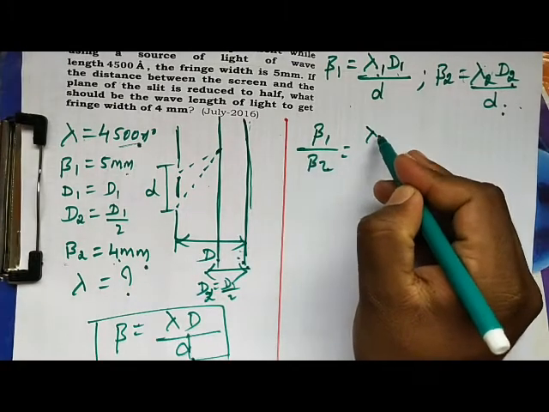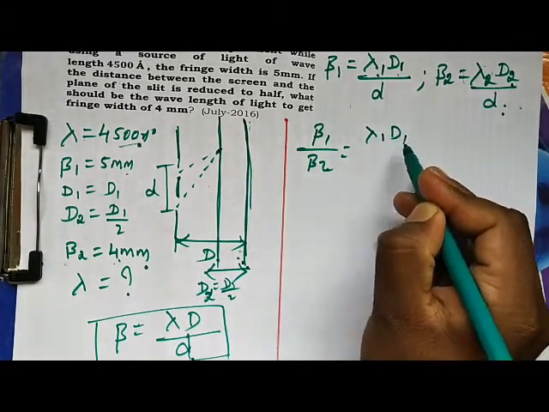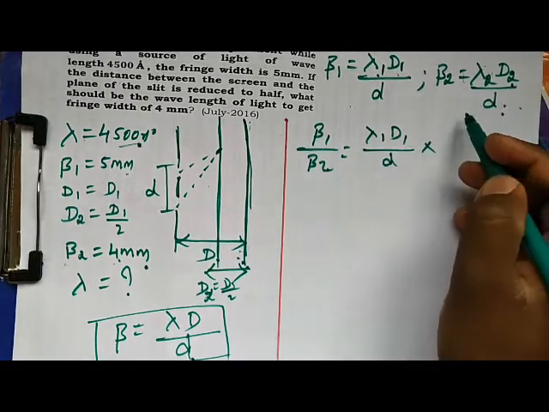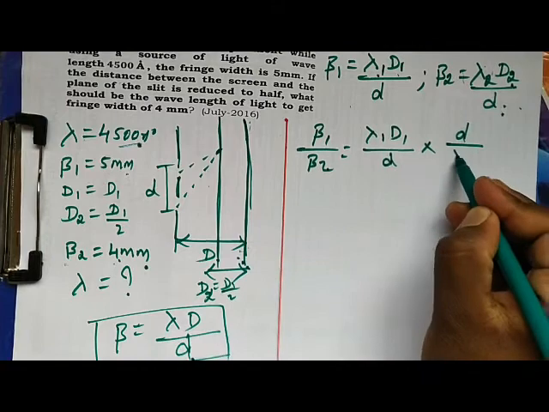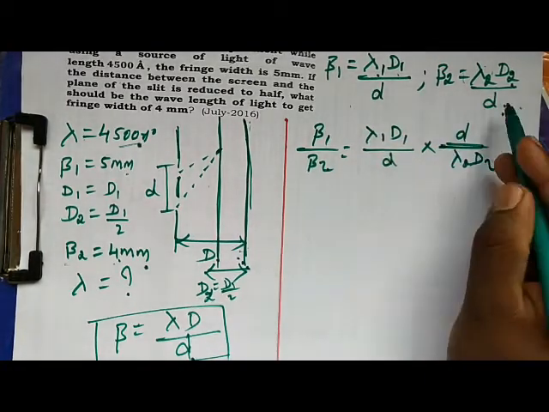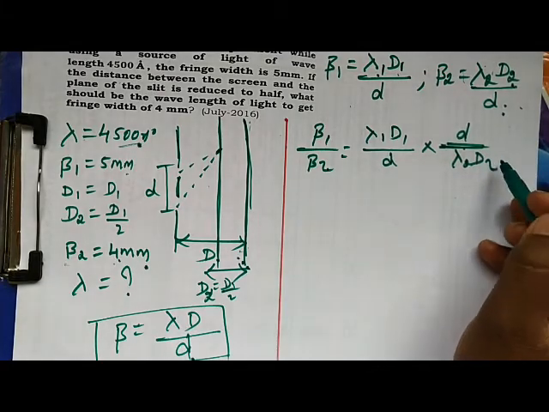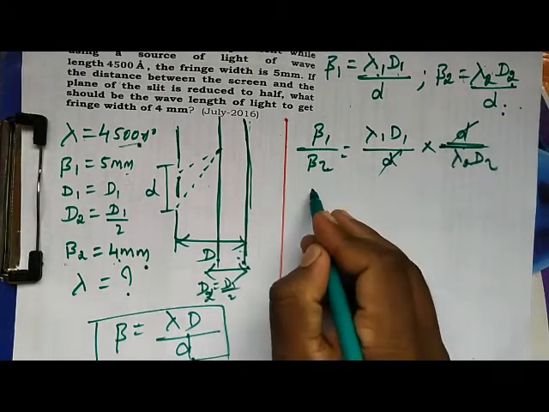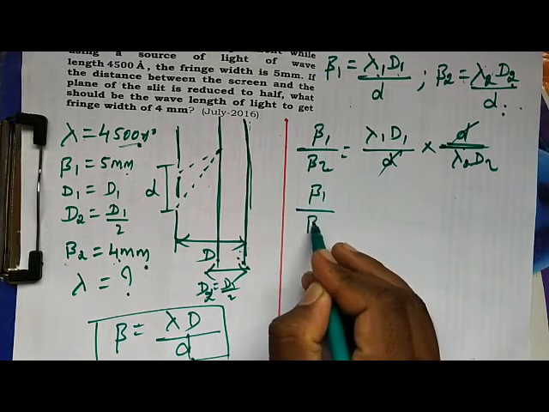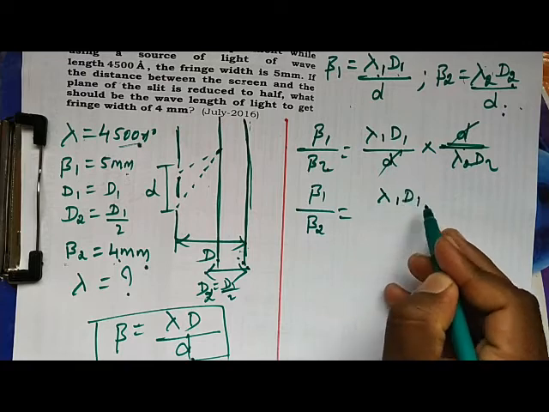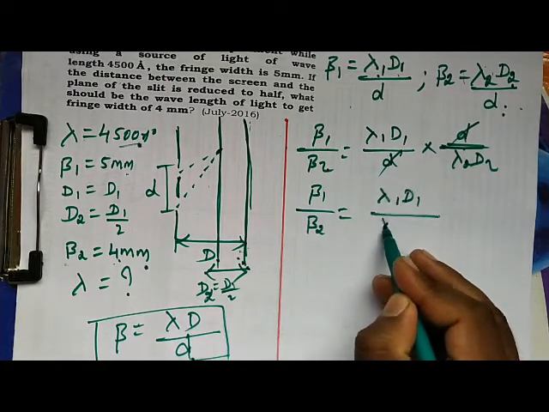This can be written as lambda 1 d1 divided by d, multiplied and divided by the whole, divided by lambda 2 d2. So this equation is modified to this form. Now look at the cancellation term. The d gets cancelled. So remaining, beta 1 divided by beta 2 is equal to lambda 1 d1 divided by lambda 2 d2.